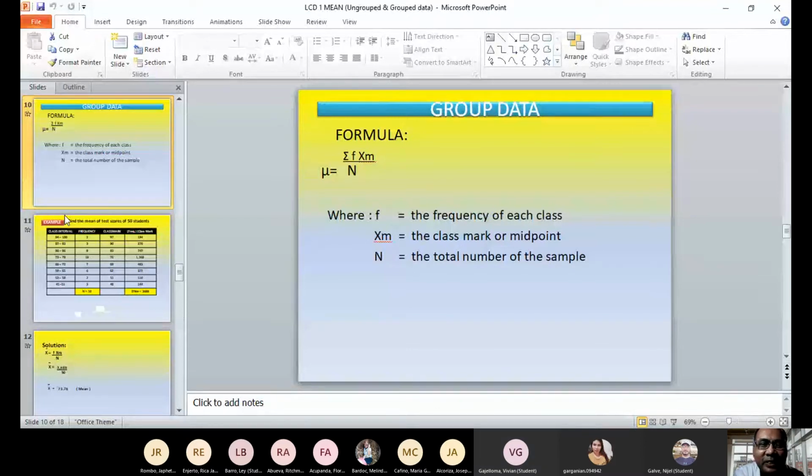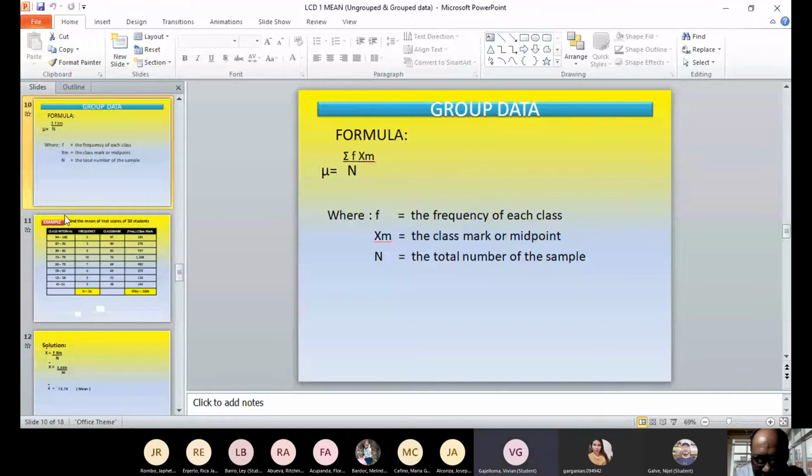Your answer is very good. Correct. Di ba? But in our sampling techniques, by using Slovin, there are some of you na nag-omit, most especially to simplify the square of E. Di ba?